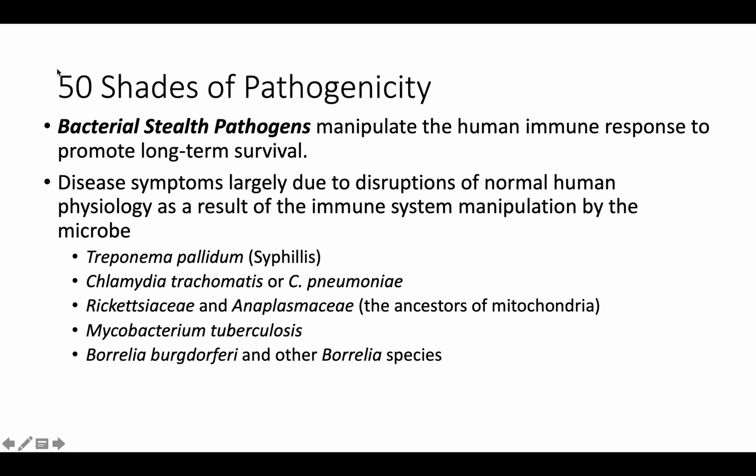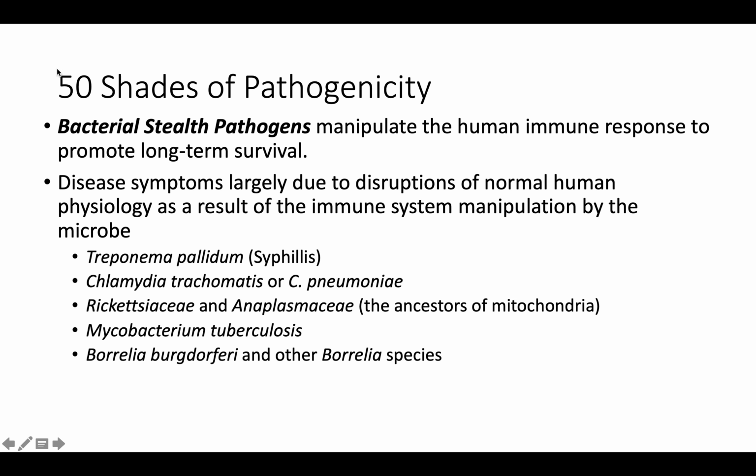Now we're going to get into the 50 shades of pathogenicity. These are your bacterial stealth pathogens. So I talked about the frontal pathogens. Talked a little bit about the opportunistic pathogens. Think of the word: when they get the opportunity, they can cause infectious diseases. Now the bacterial stealth pathogens are another type of pathogen. And what they end up doing is they will affect the immune response in order to promote their long-term survival.